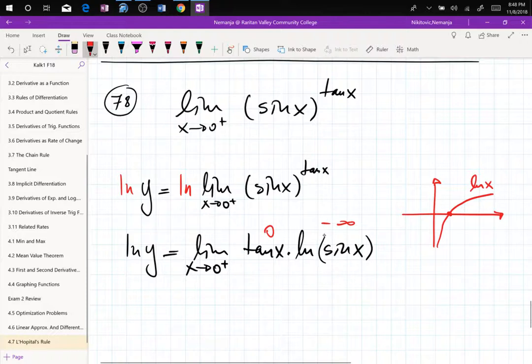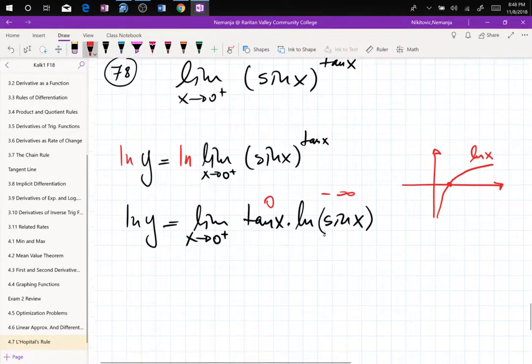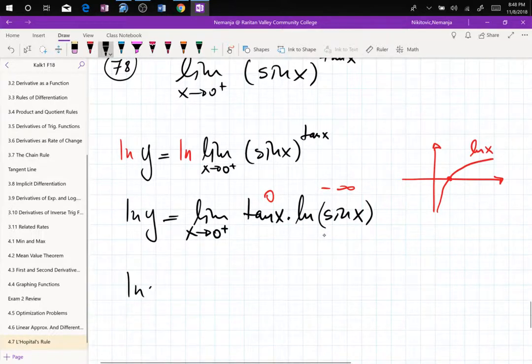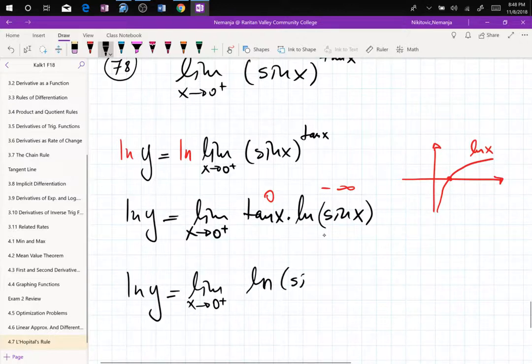So we just put tangent in the denominator, and from here on there's going to be a lot of trig identities. Good thing that we reviewed that trig identity earlier. It's going to help here. So what do I have? I have ln of sine x divided by, and now this is 1 over tangent.